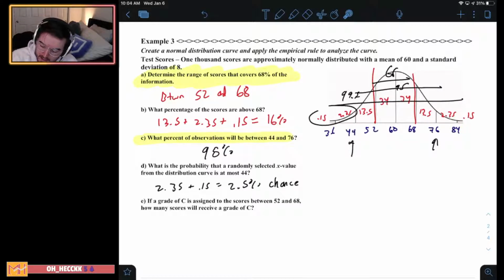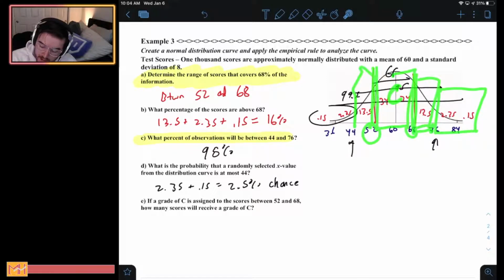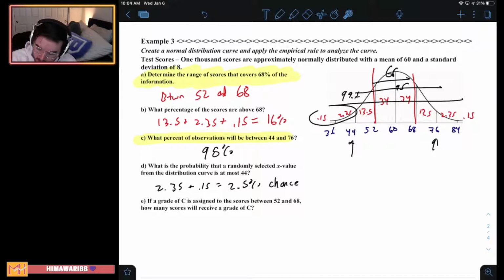So if you got a 76 or better, you get an A. Anything from 68 to 76 is a B. These guys get a C, even though they failed, they got a 52%. They get a C. These guys get a D, even though they super failed, and these kids get an F. You see that? That's what curving a test means. So these folks are A, B, C, D, and F.